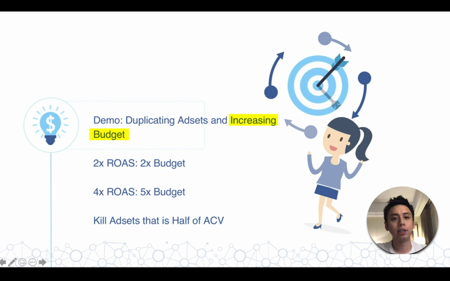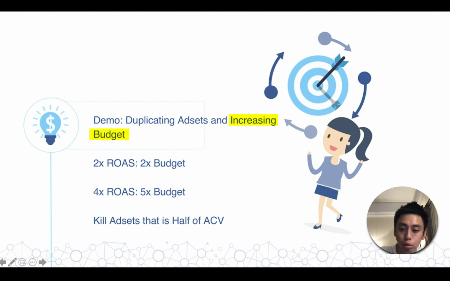The way we do that is first by looking at the ad sets that are profitable, that have at least 2 times return on ad spend, ROAS, right? If something is giving you 2x return on ad spend, you don't want to mess up the current ad sets that are already working.